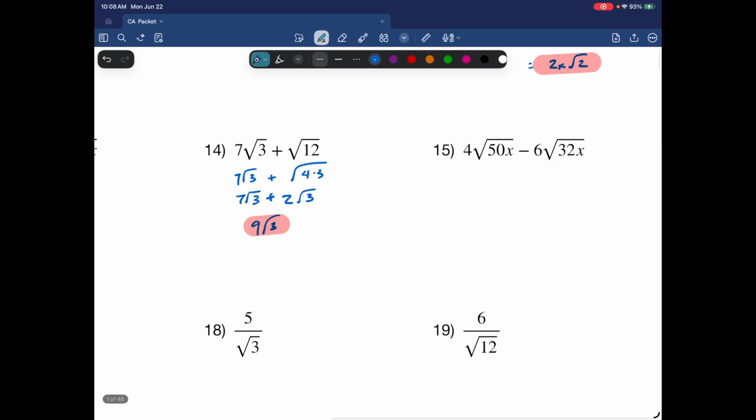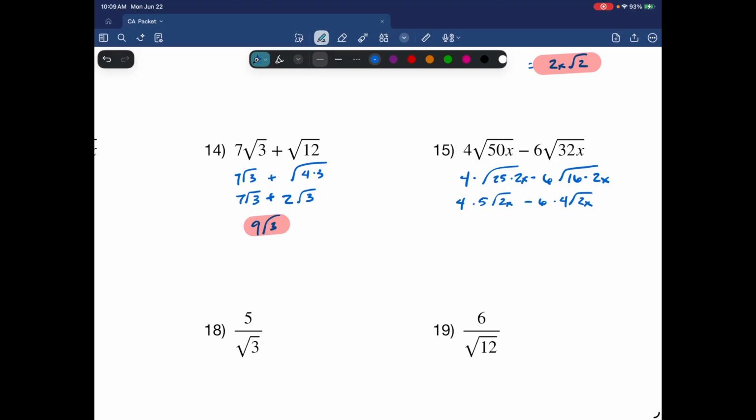Okay, 15. I need to simplify both the 50 and the 32. So I got 4 times 25 times 2x minus 6 times 16 times 2x. All right, so the square root of 25 is 5, so I got 4 times 5 square root of 2x minus 6, square root of 16 is 4, so I got 4 square root of 2x.